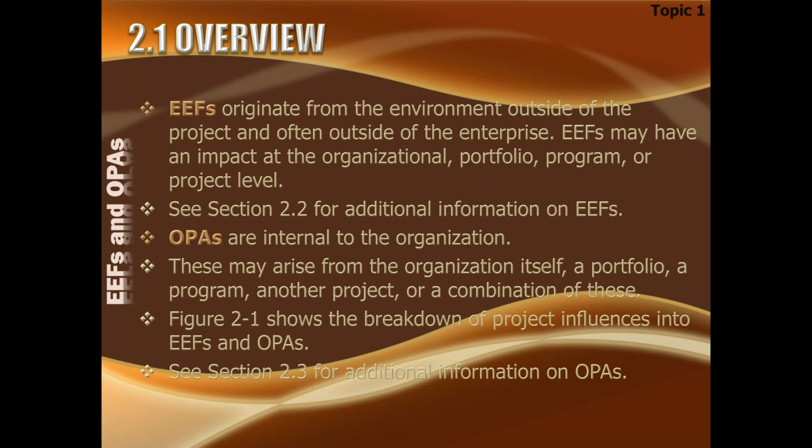OPA means organizational process assets. So all the rules and regulations, policies and procedures within the organization, laws, rules, everything, these are the organizational process assets, and a project is allowed to use them. They may arise from the organization itself, a portfolio, a program, or another project, or a combination of these. So this can be developed.